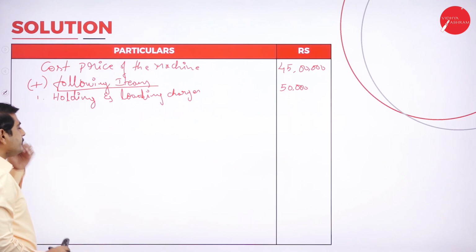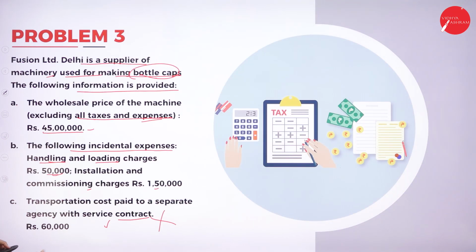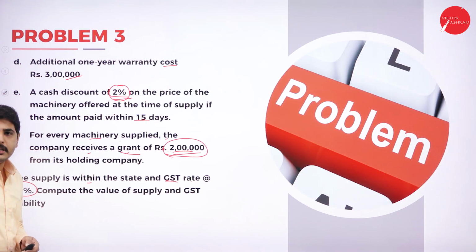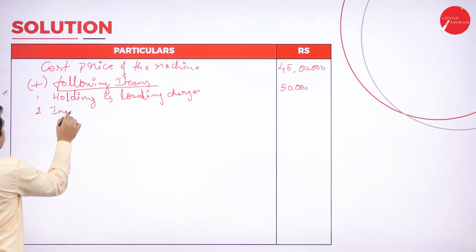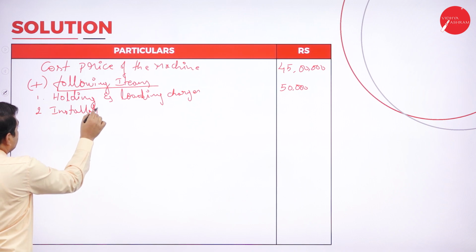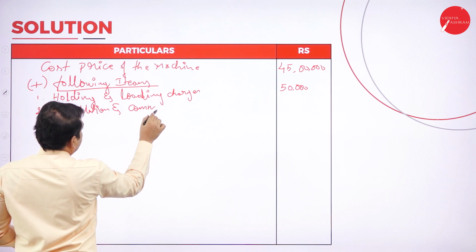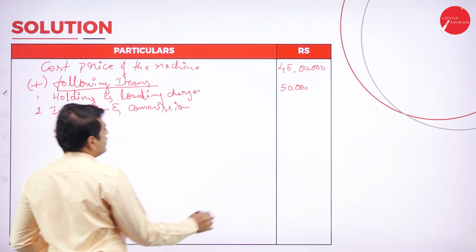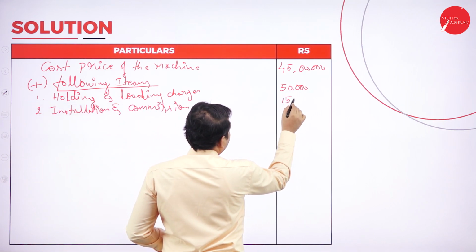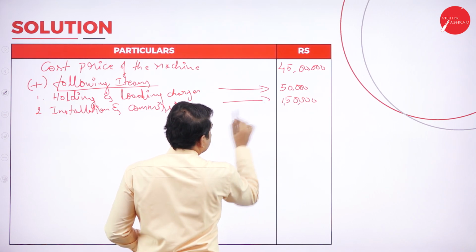Next item, installation and commission charges. Second one, installation and commission is 1,50,000. So this is for this, this is for this.